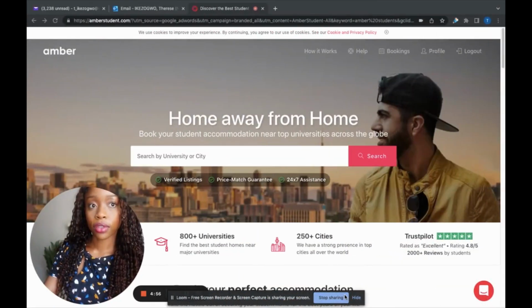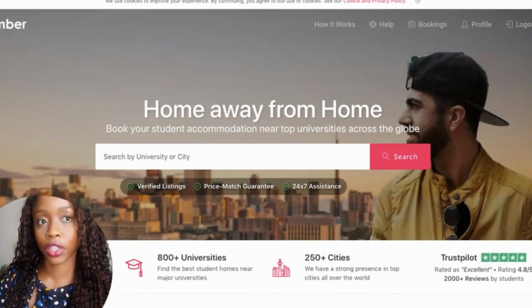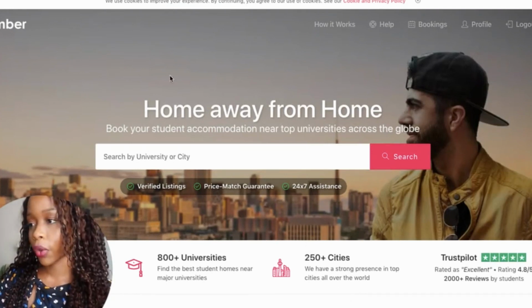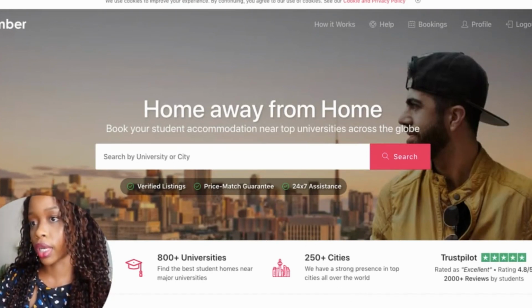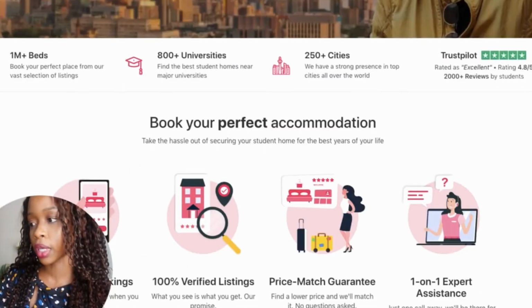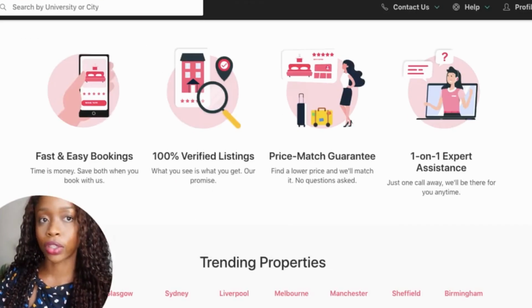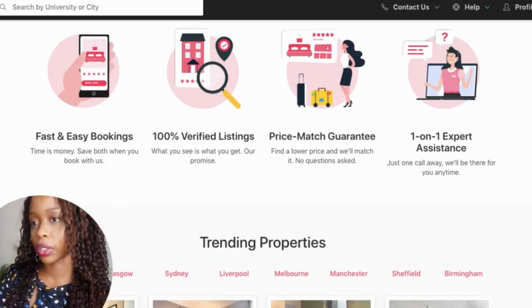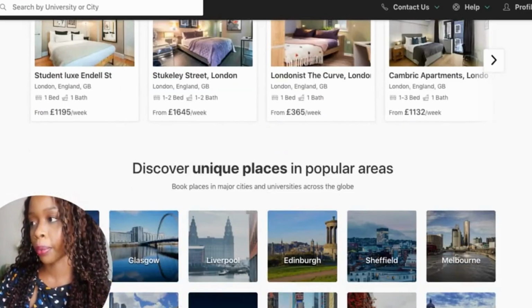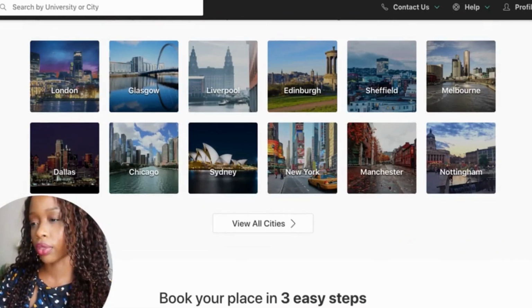Okay guys, so the first site I'm going to be talking about is actually Amber Students. Okay, they have a great range of different student accommodation types. Really, even if you're looking for single and double occupancy accommodation types, you're sure to get it here. The great thing I actually like about Amber Students is that they're actually based in a lot of major cities.